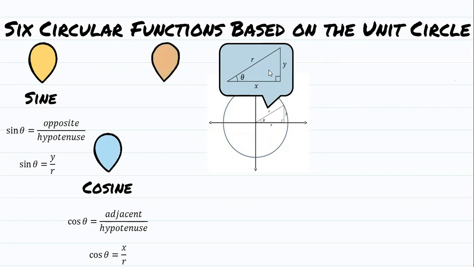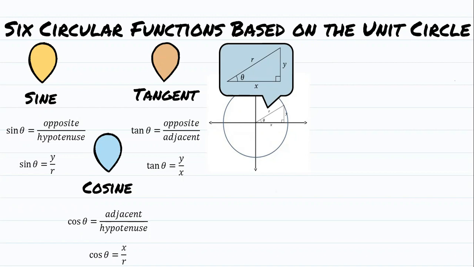Third circular function is the tangent. Tangent is equal to opposite over adjacent. Our opposite once again is y and our adjacent is x. So therefore, tangent theta is equal to y over x.